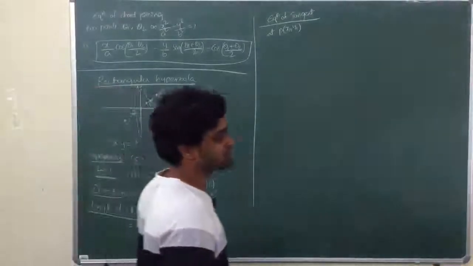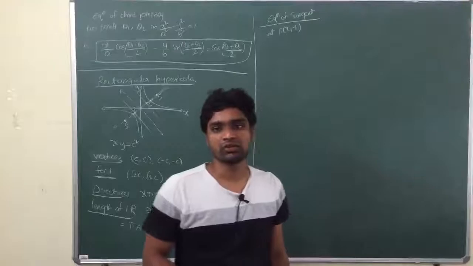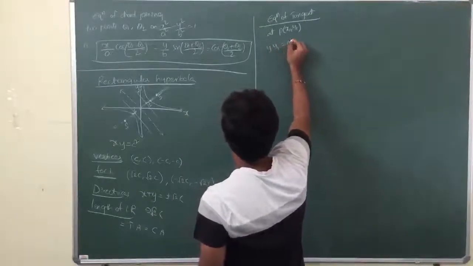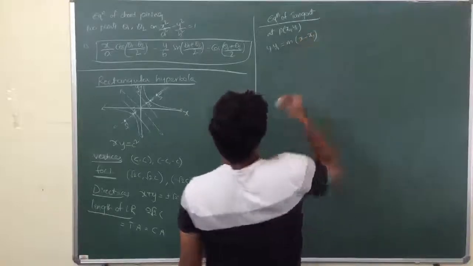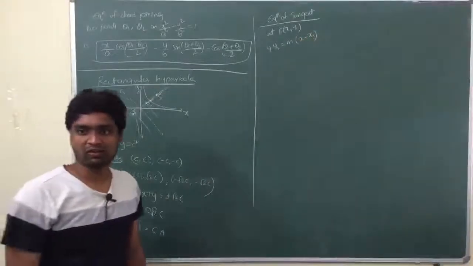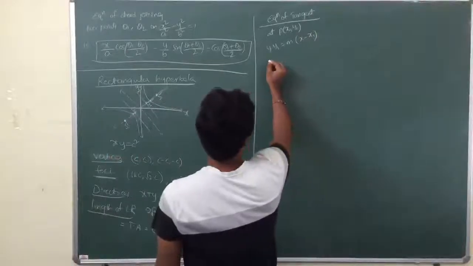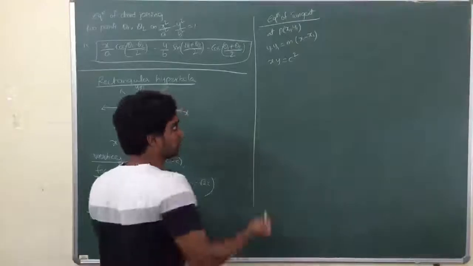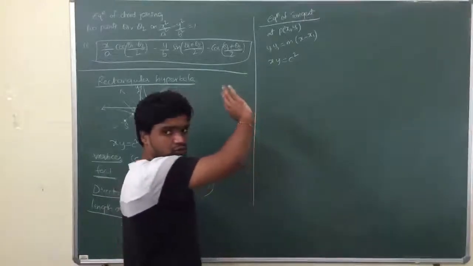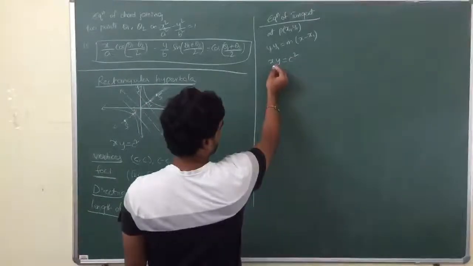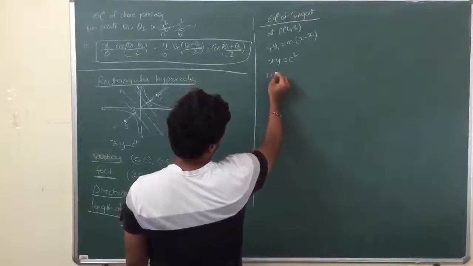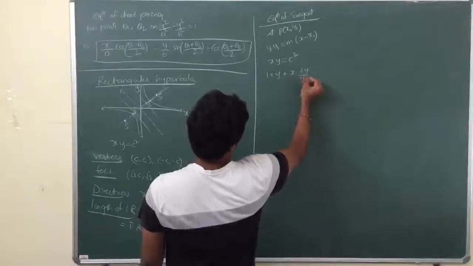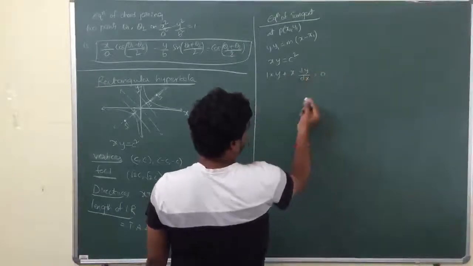You know the concept of tangents and normals. Equation of tangent: y minus y1 is equal to m into x minus x1. How to find m? xy is equal to c square. Differentiating with respect to x on both sides, using the UV rule: 1 into y plus x into dy by dx is equal to the differentiation of c square, which is 0.